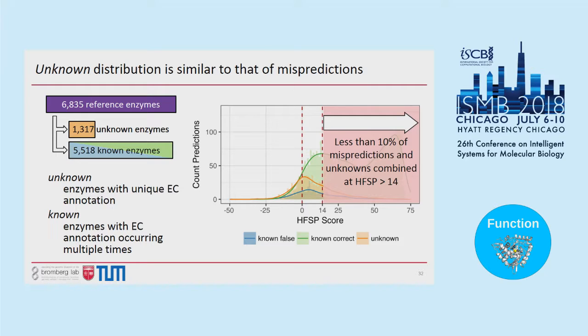Good news: if we try to come up with a threshold such that, considering everything bigger than that threshold, less than 10% of all the predictions made are mispredictions or unknowns combined, then we're looking at an HFSP score of 14, and that should give us a relatively good idea where to look.